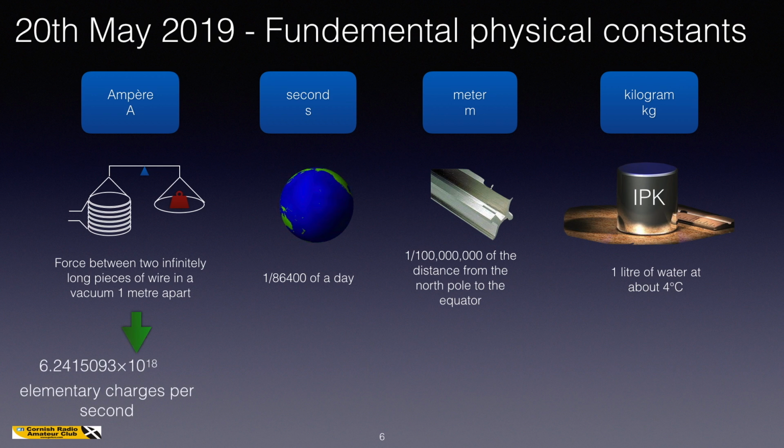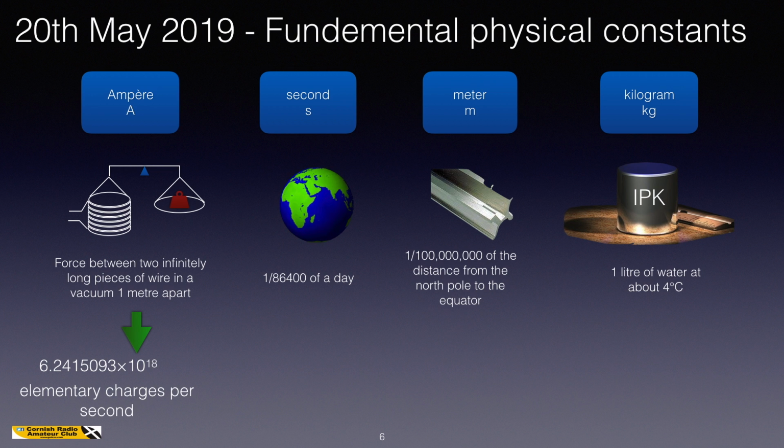So, for example, the ampere will be defined as 6.24 times 10 to the 18th elementary charges per second passing a point. So for an ampere of electricity, it'll be 6.24 times 10 to the 18 electrons passing a point per second.